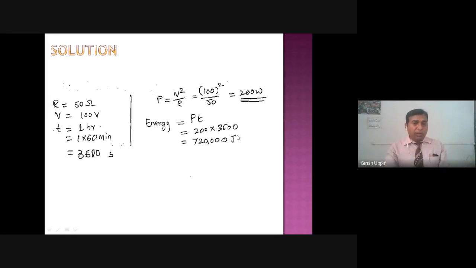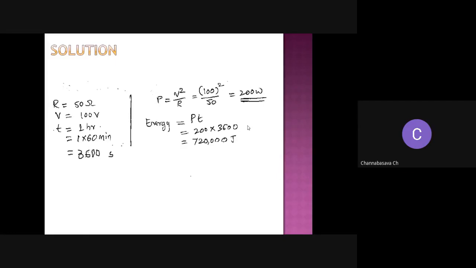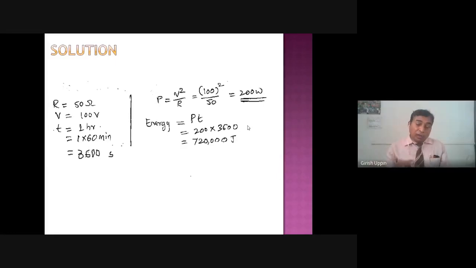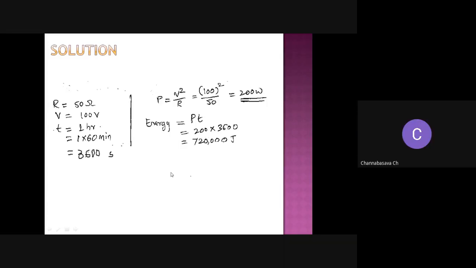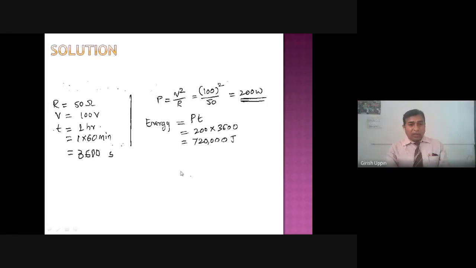If you want to keep it as 1 hour, then write 200 into 1, then the unit would be what? Watt hour. If you want to convert it to kilowatt hour, you have to divide this 200 by 1000, isn't it? Now it is 200 watt. How to convert it into kilowatt? Divide by 1000.